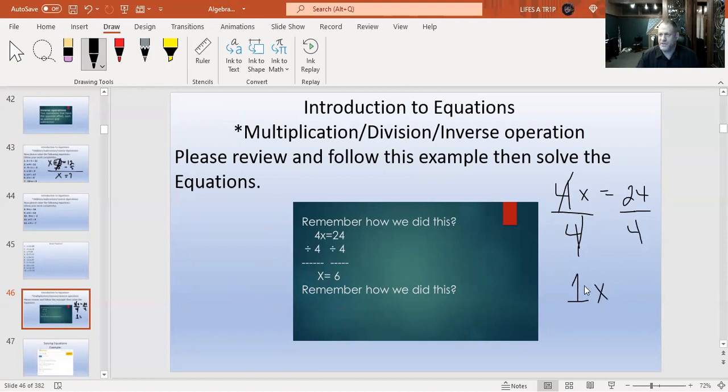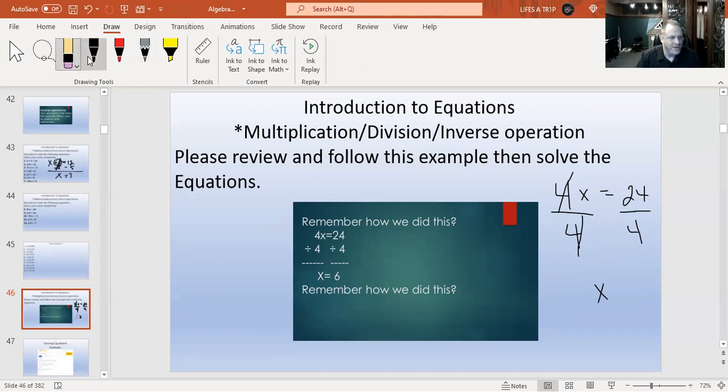Now, a lot of people still think that this would go down to a 0. This isn't addition and subtraction, so this is not going to go down to a 0. 4 into 4 is a 1, and it's a silent 1. It's there, but we don't really show it, so you don't have to include it.